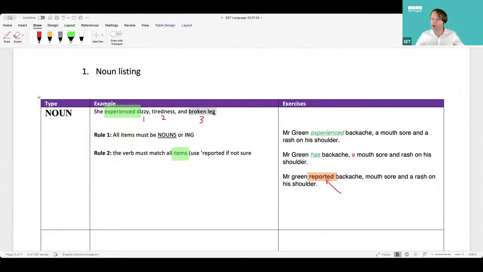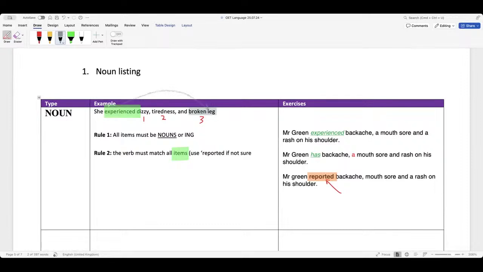Why not, guys? That verb does not fit. You can have a broken leg. A broken leg is a very serious, painful thing. We don't say experience for that. We say he had a broken leg, right?